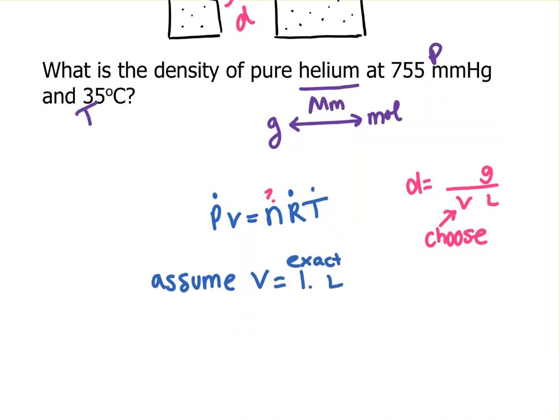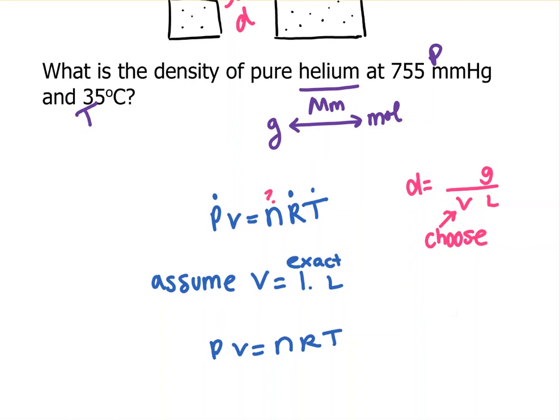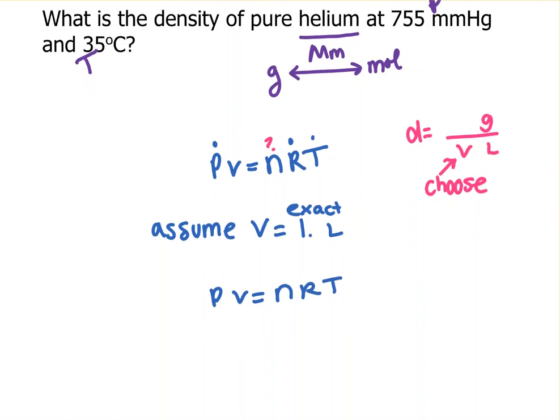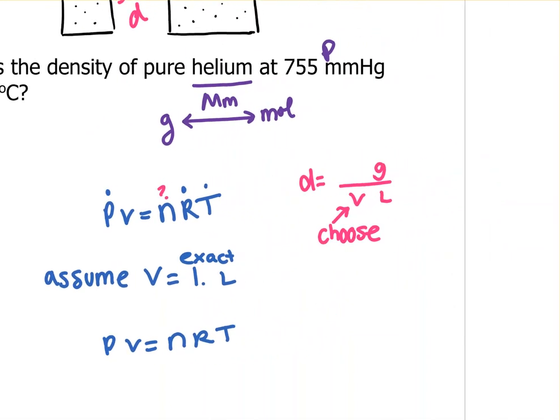Okay, so now I can use my equation, PV = nRT, and I can start plugging in. Oh, looks like my pressure needs to be changed. I need to use atmospheres.